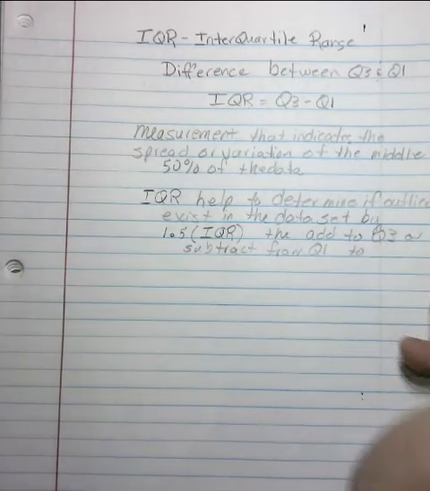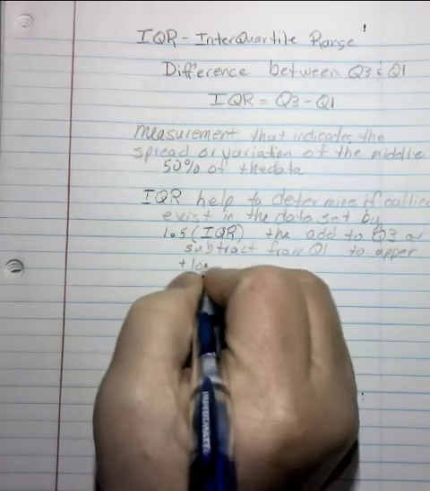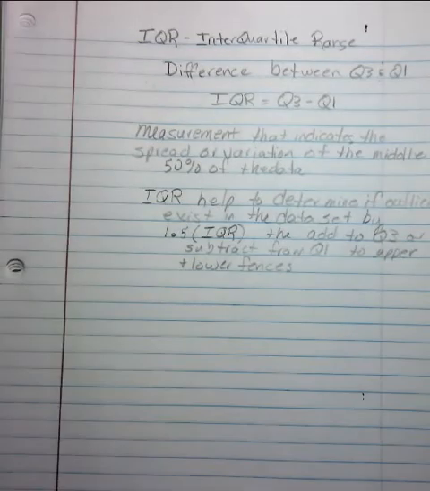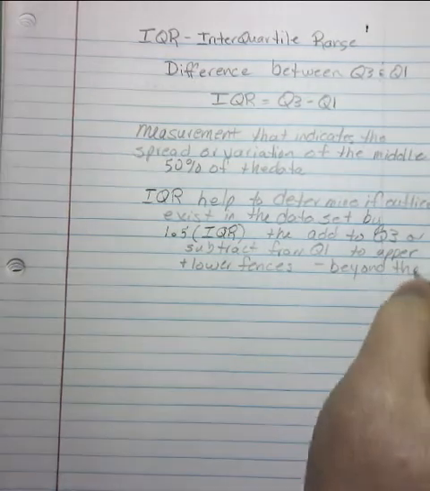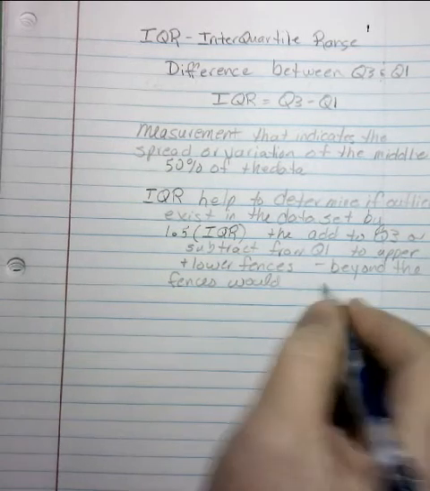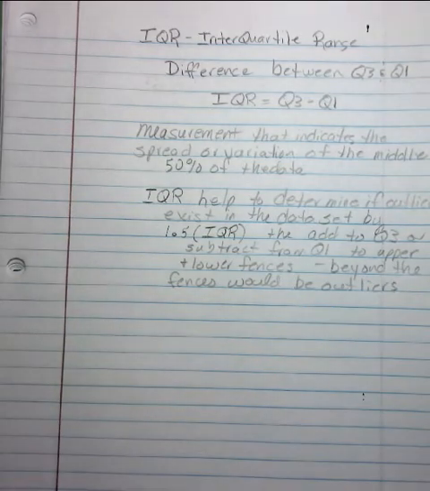And this gives us our upper and lower fences. And anything beyond those upper and lower fences would be an outlier. And so we worked on that, and you have some examples in our last lesson on how to do that and how to figure out whether things are outliers or not.